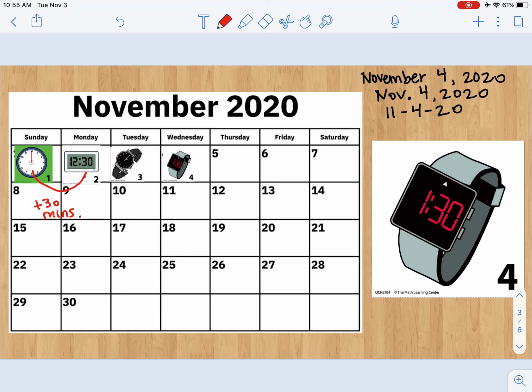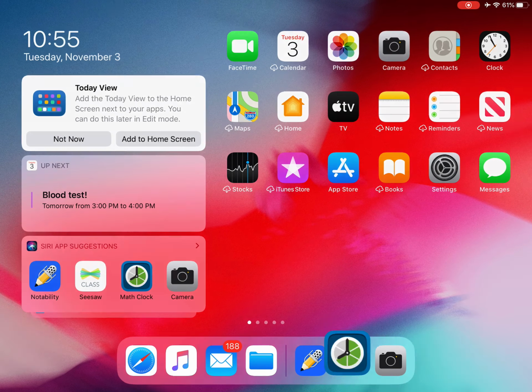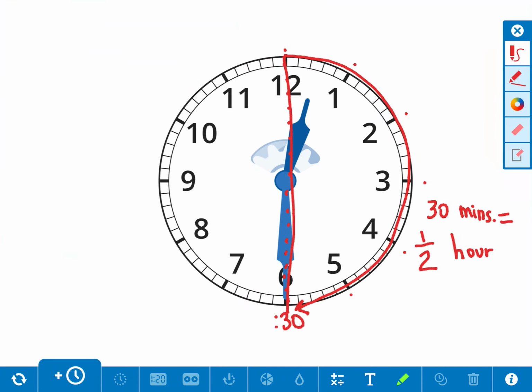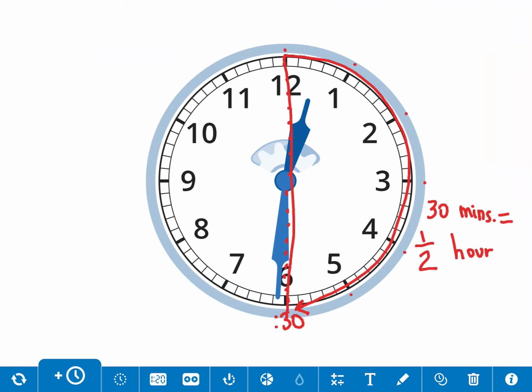Okay, so now let's look at the next one. This one is going to be 12:30 to 1 o'clock. How much time has passed from 12:30 to 1 o'clock? Well, let's look at our clock here again. That means that my minute hand is going around the other half of the clock, and it's going to be 1 o'clock.